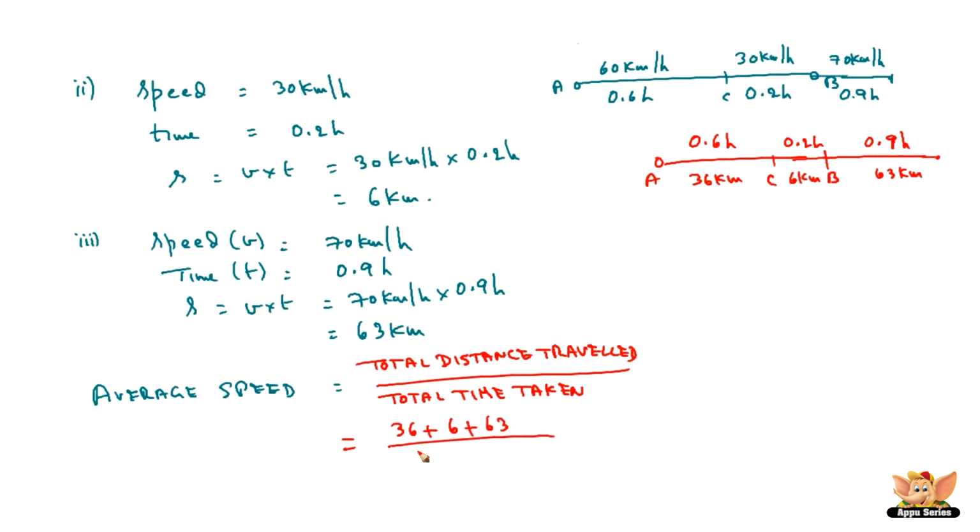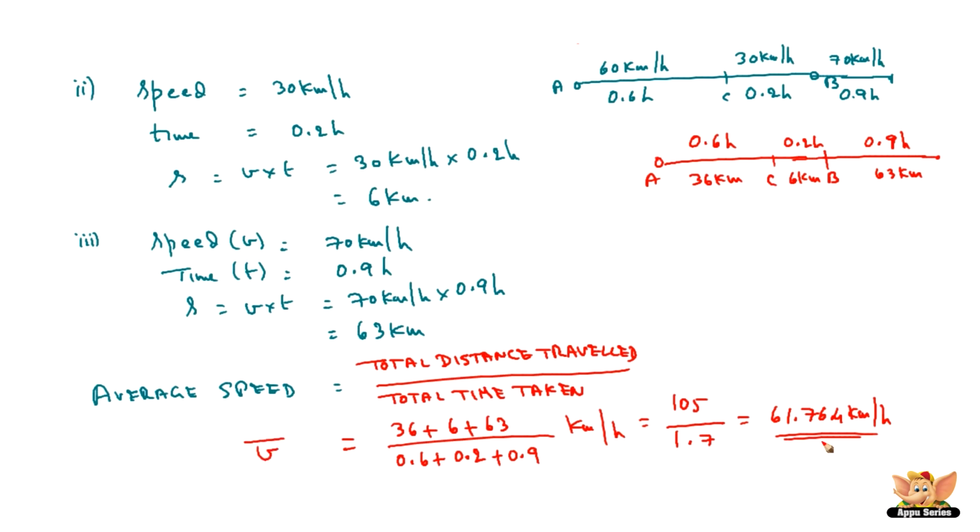And it took the time 0.6 hours for the first 36 km, and for the 6 km it took 0.2 hours, and for 63 km it took 0.9 hours because the speeds are varying, which is equal to 105 by 1.7, which is 61.764 km per hour. Hence, the average speed of the train is 61.764 km per hour.